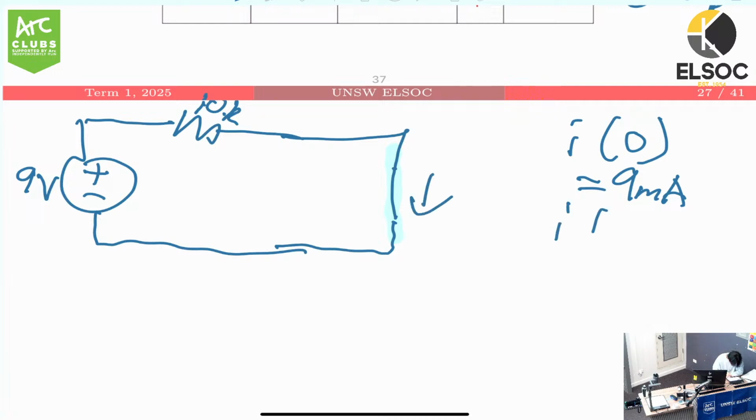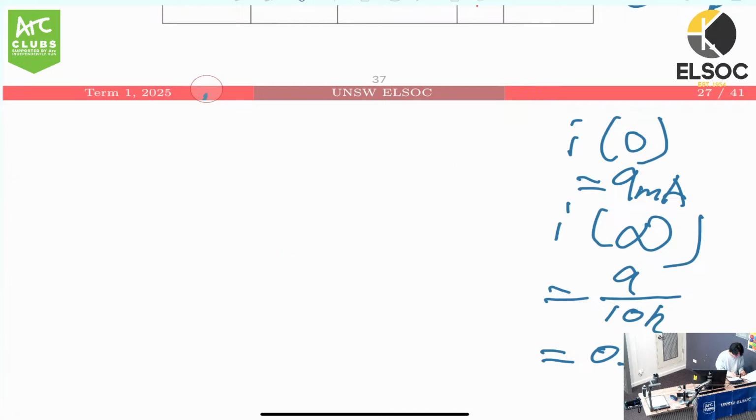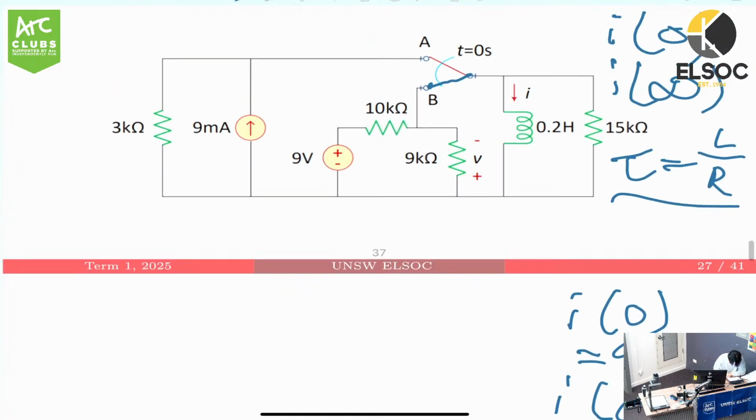So this I, as we approach infinity, is simply equal to the voltage over the resistance. Should give us 0.9 milliamps. Okay. All good? The next part concerns our tau.